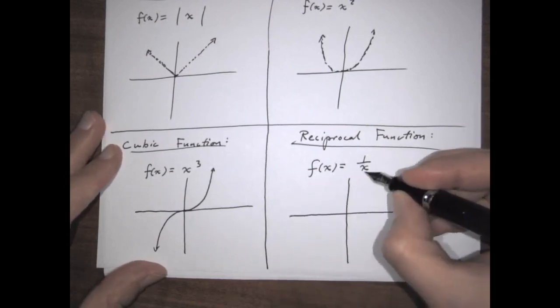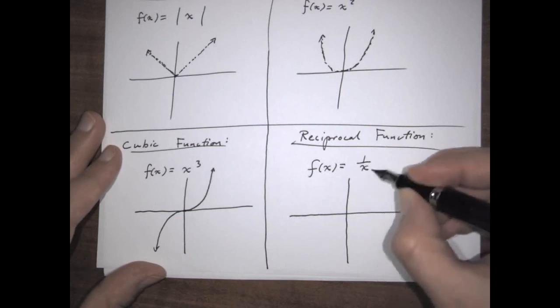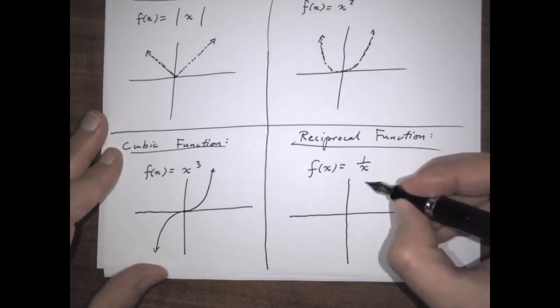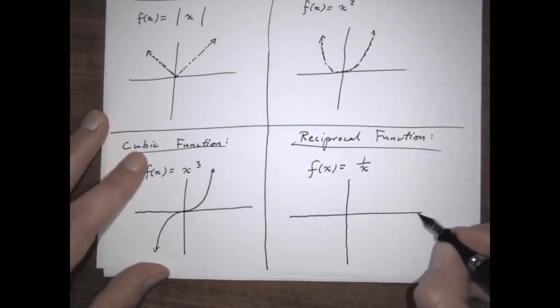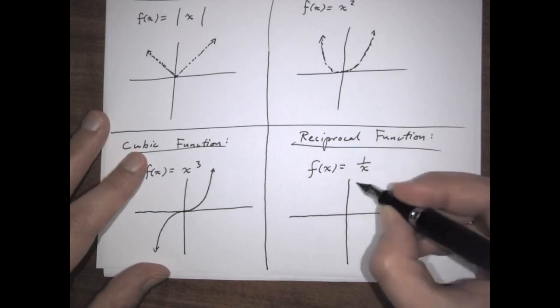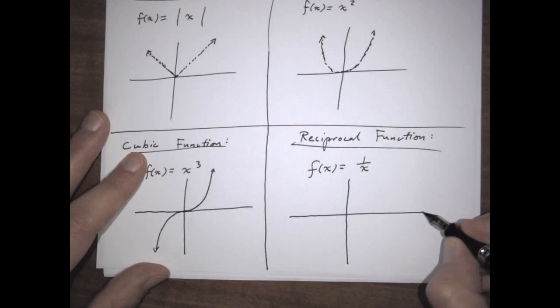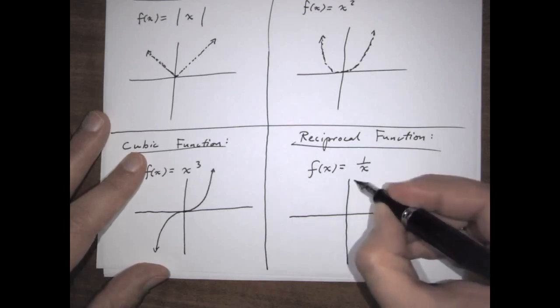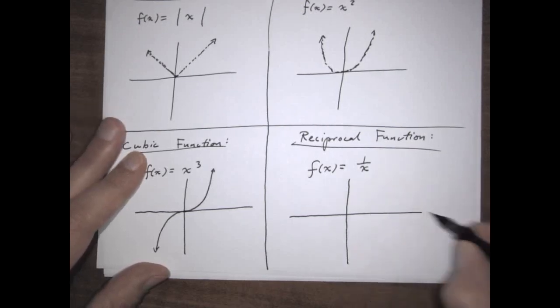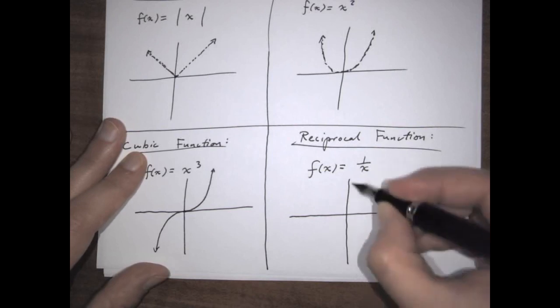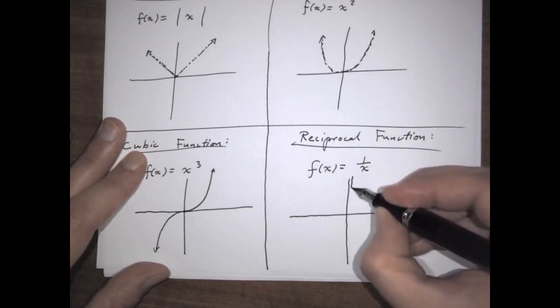And what this looks like is, well, let's game it out. When x is positive, this whole thing is going to be positive. And as x gets huge, this gets tiny. You're dividing 1 into more and more pieces to get smaller and smaller pieces, and so it's going to be getting smaller as we go out from the y-axis, and as we get closer to it, it's going to be enormous.